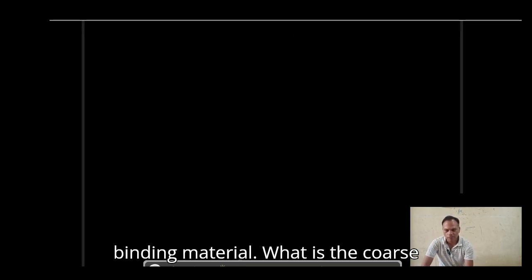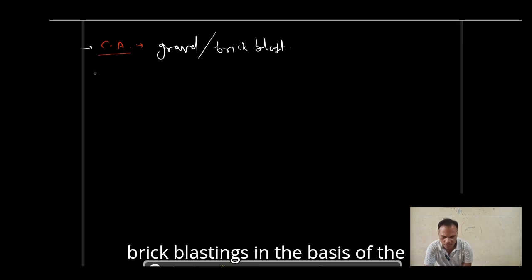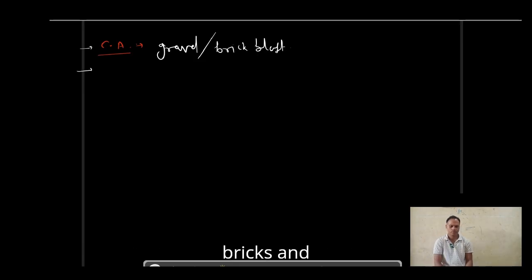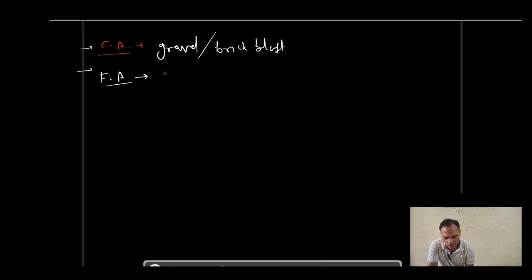What is the coarse aggregate? Coarse aggregate is gravel or brick bats. Brick bats means pieces of bricks. And the fine aggregate is sand and surki.